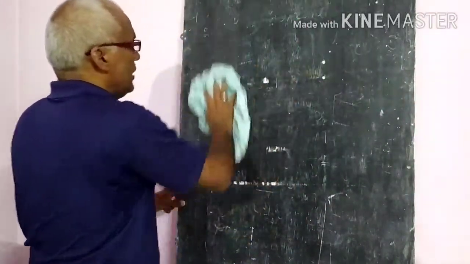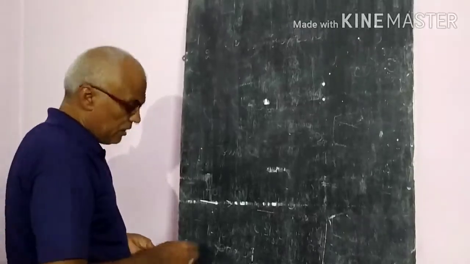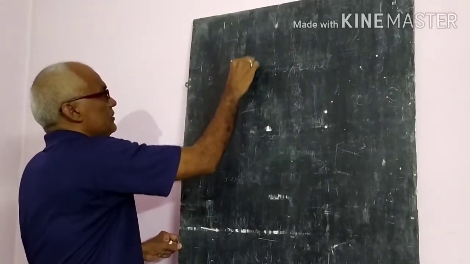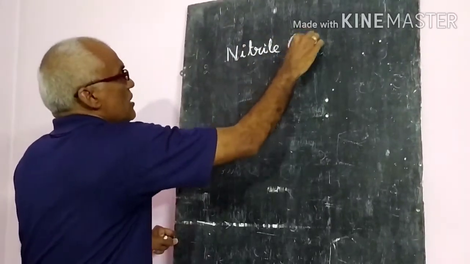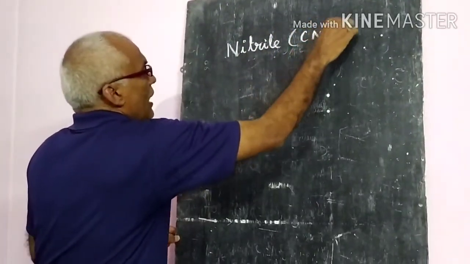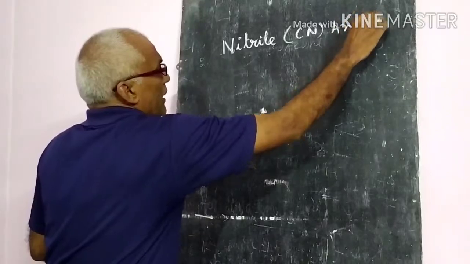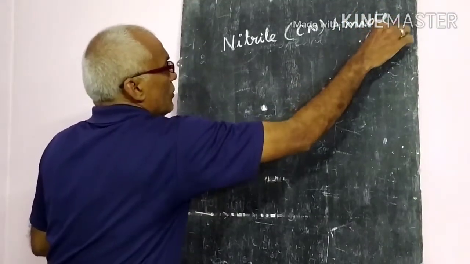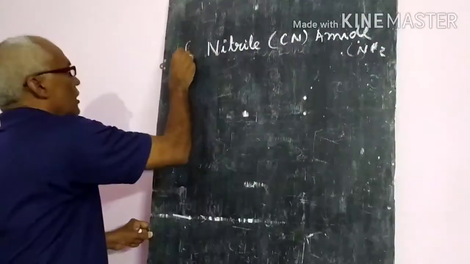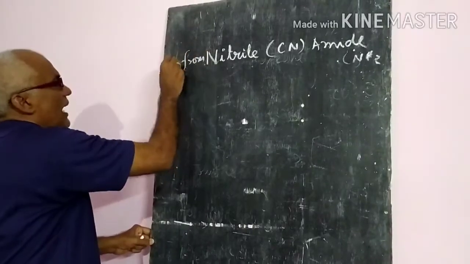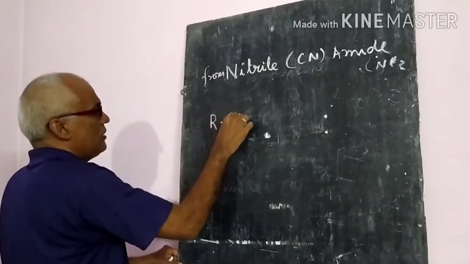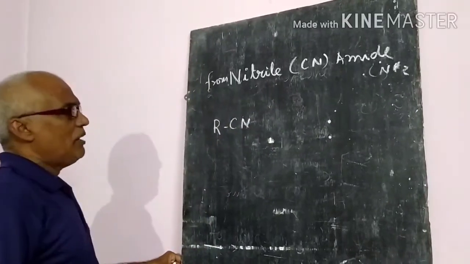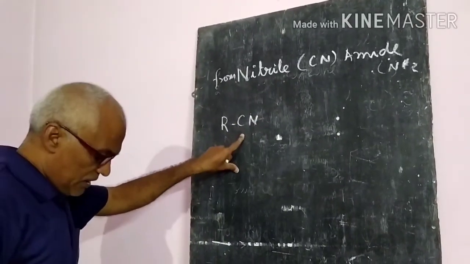And the third method is from nitriles. That is from nitriles, meaning the CN group, and amides, meaning the NH2 group. From these compounds also we can generally prepare acids. Primary nitriles, or RCN, what do they have to do?